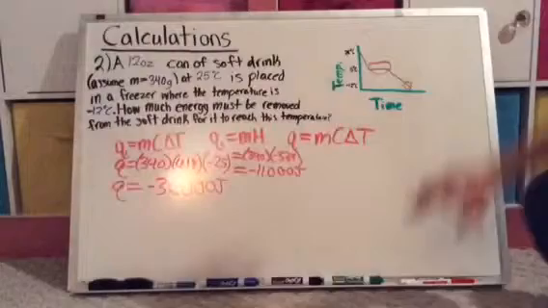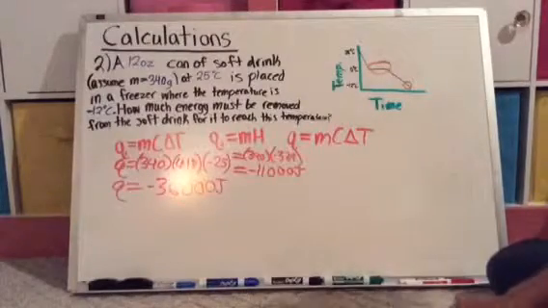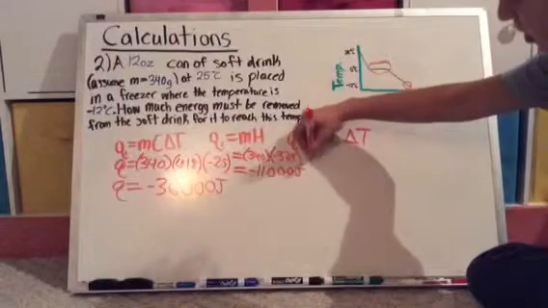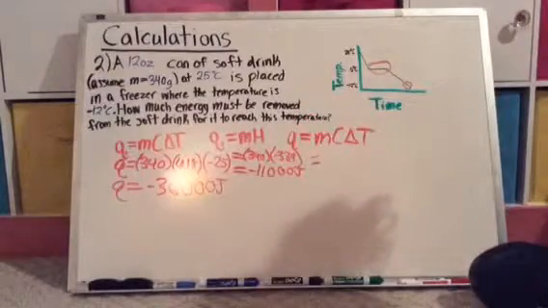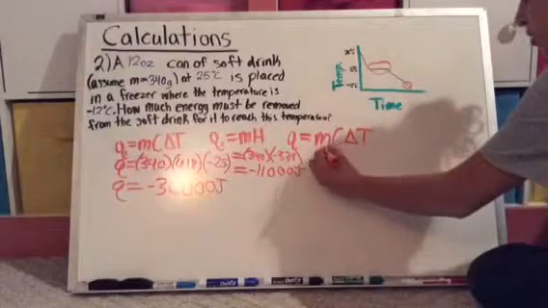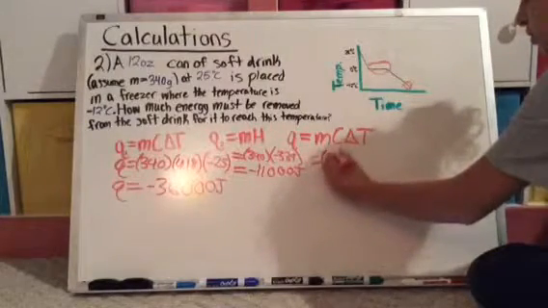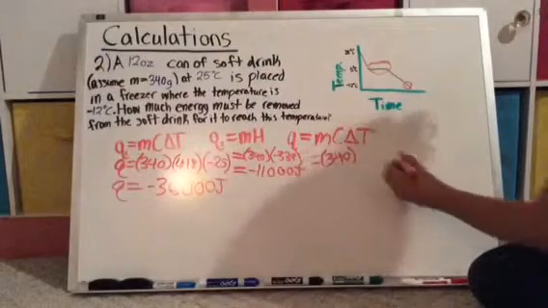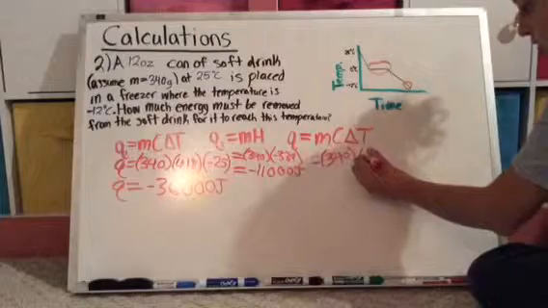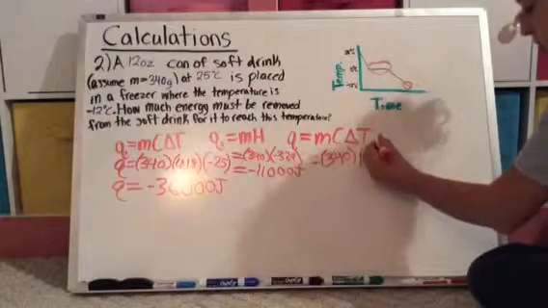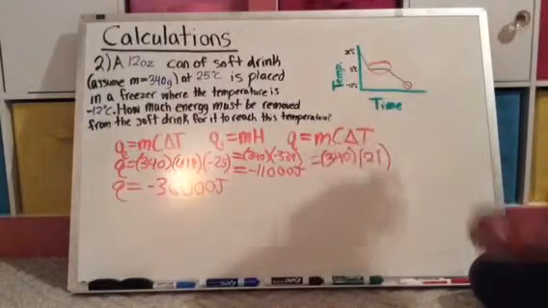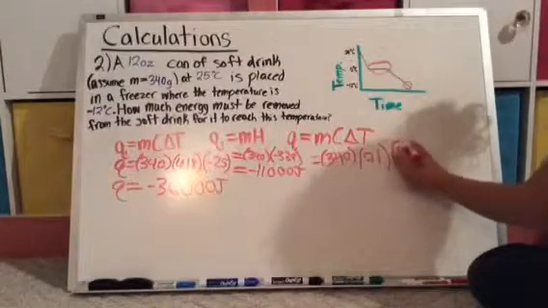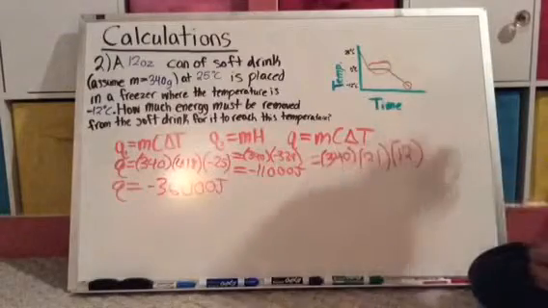And then for our last equation, to find the other part of our temperature change, our mass is, once again, 340 grams times our heat capacity of 2.1 joules per gram degrees Celsius times our temperature change, which is negative 12 degrees Celsius.